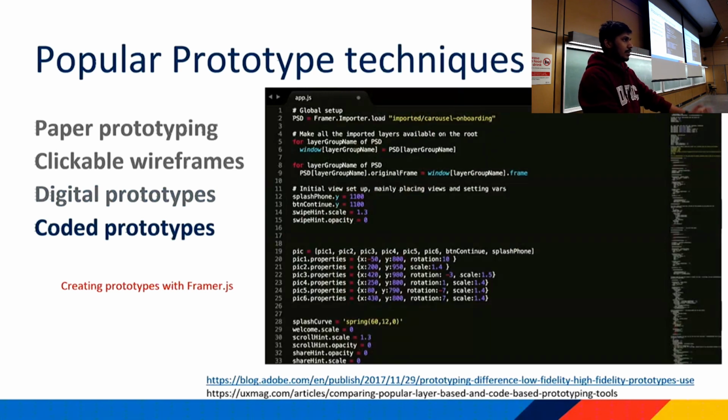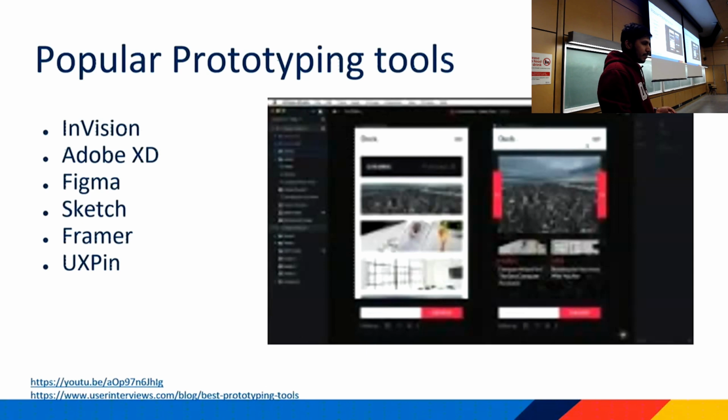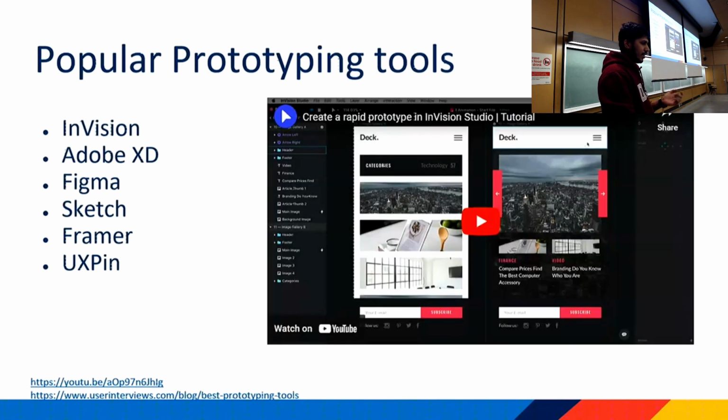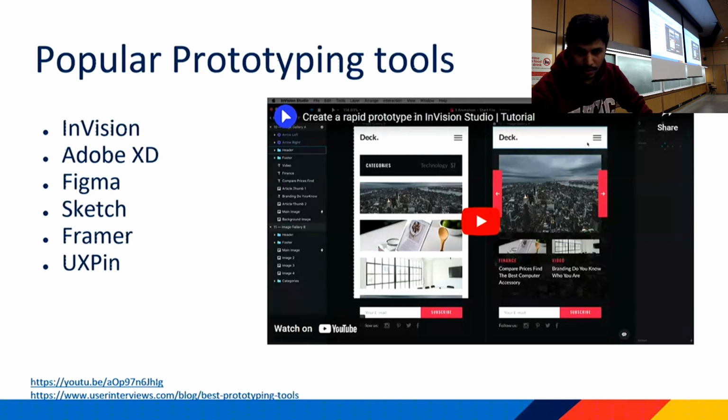There are different tools, for example Framer.js, where you can code the prototypes, doing actual coding. Popular prototyping tools nowadays are InVision, Adobe XD, Figma, Sketch, and I already showed Framer.js and UXPin. Let's watch a video about InVision, how it works.